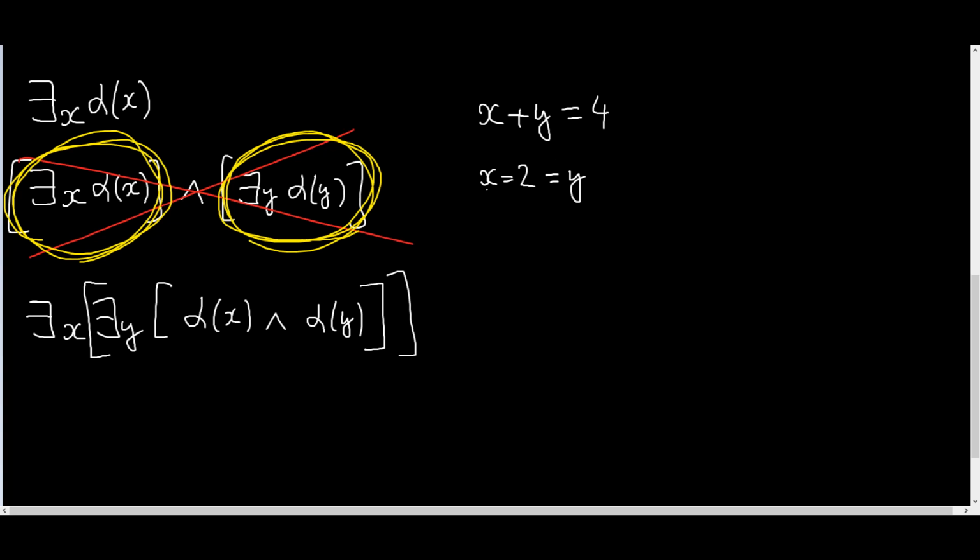Like here, both x and y represent the object number 2. So the fact that you've called them by different names does not mean that they're different. So here, x and y could be the same object.